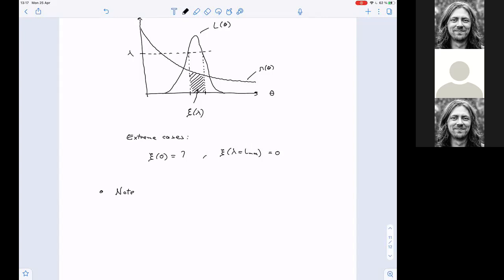As we just discussed. So psi of lambda is a one-dimensional decreasing function of lambda. As you increase the likelihood threshold, you contain less and less prior mass.